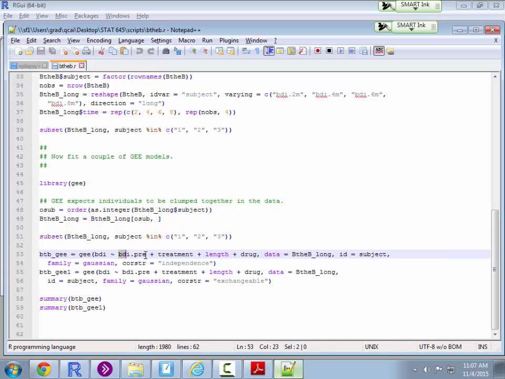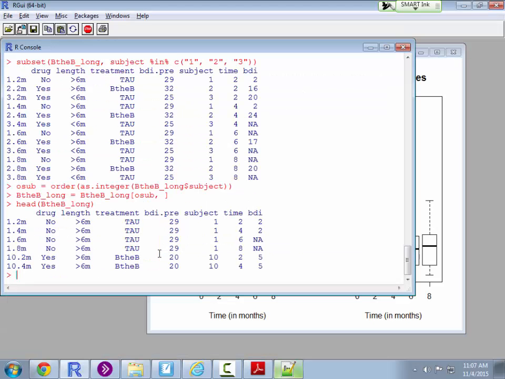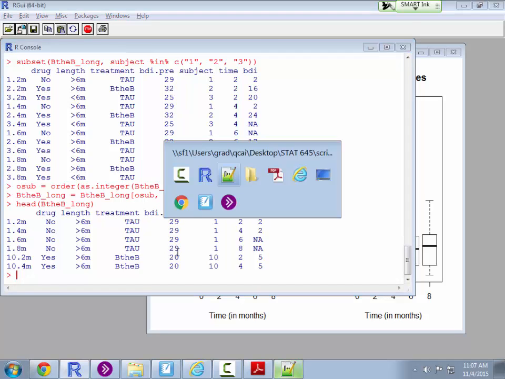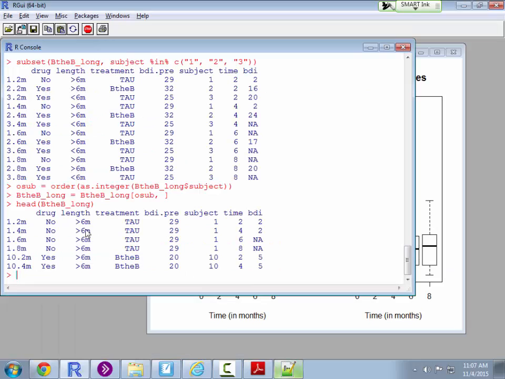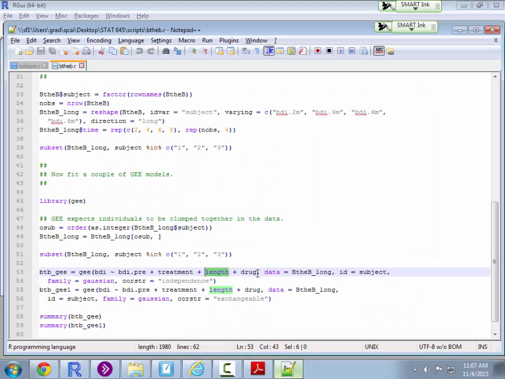We're going to have a term for baseline, BDI pre, baseline depression. And we're going to have a term for treatment group, factor, categorical, a term for length, and a term for drug. So again, I'm not certain what length and drug are, but we're just going to include them in the model.